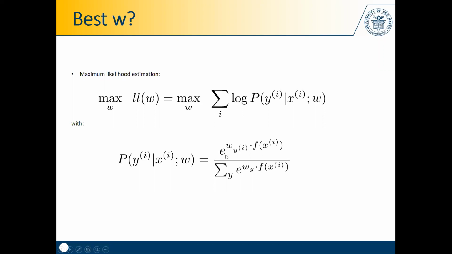So Z of i is essentially the weight vector of i dot producted with the feature vector of sample i.